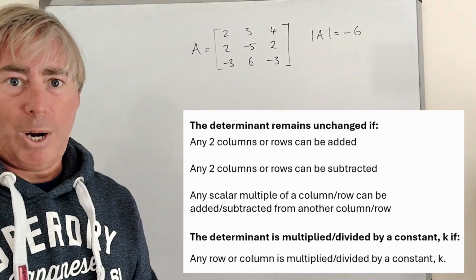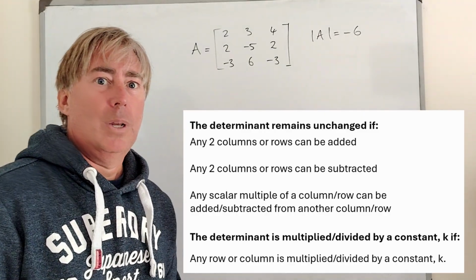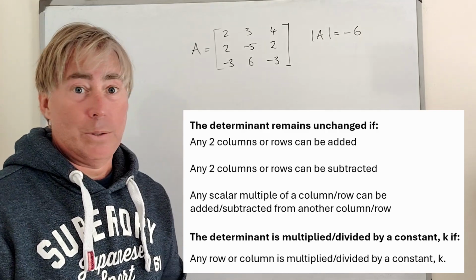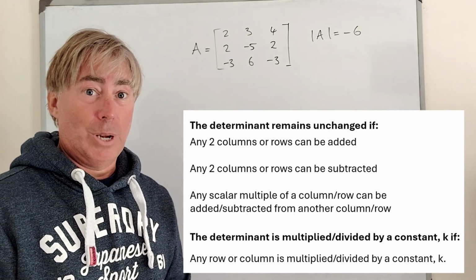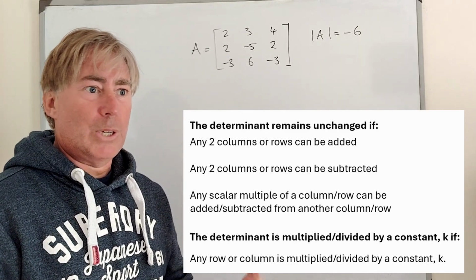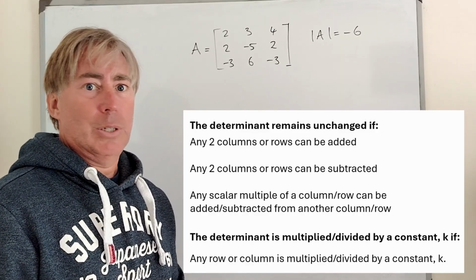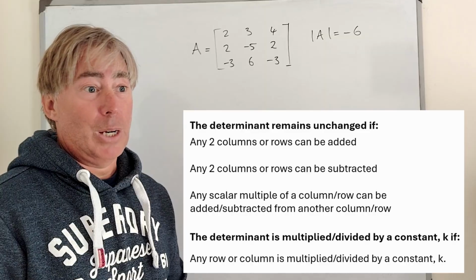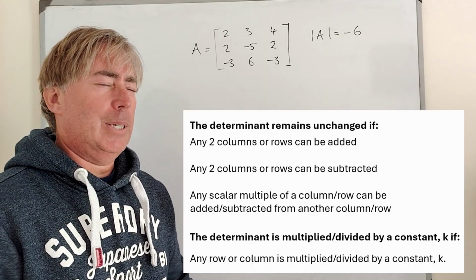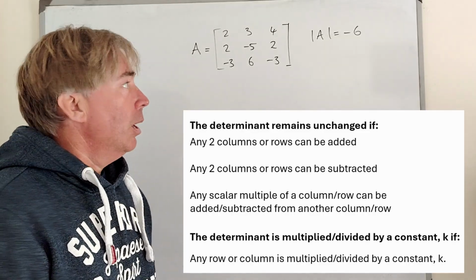That also goes for subtraction. So you can subtract any two rows or any two columns and the determinant remains unchanged. You can also scale up any row or any column and do the same thing, so addition, subtraction, and the determinant remains unchanged. The advantages of this I'll show you shortly.